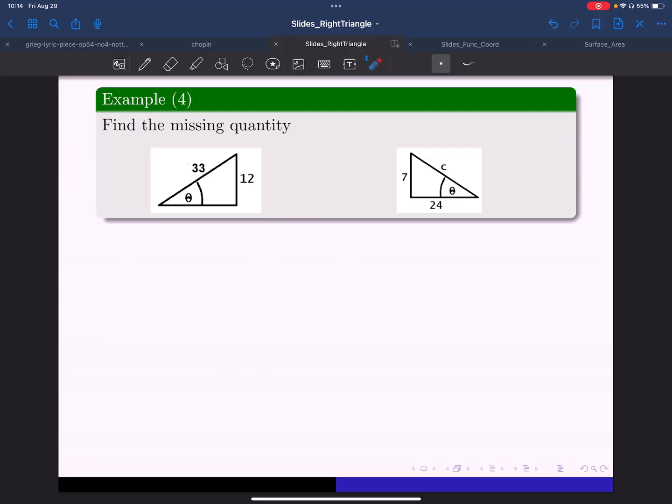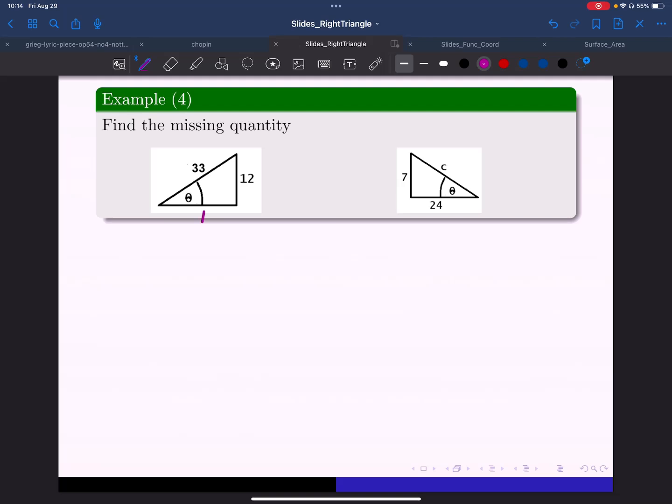Example 4, find the missing quantity. So we're gonna do exactly the same way. Regarding this angle, opposite would be opposite, and opposite the right angle is hypotenuse, so this is hypotenuse, and the side close to the angle would be adjacent.